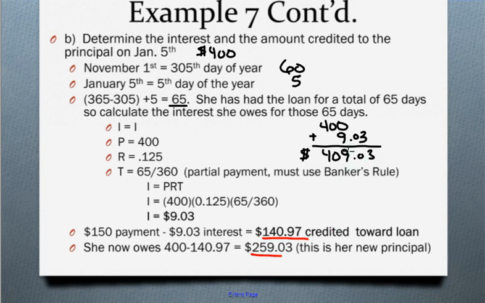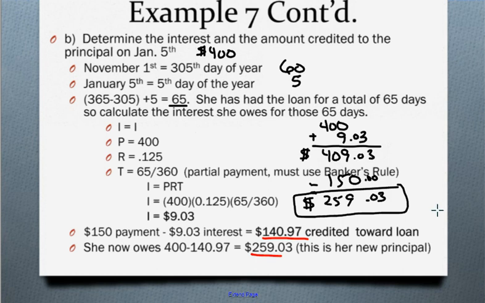If I paid you all this, I'm off scot-free. And they say, yes. And she goes, okay, well, I don't actually have that. What I do have is $150. And they'd say, okay, cool, thanks for that. And so we'll go ahead and subtract that off. We get $259.03. Kathy, when you walk out of the bank today, this is how much money you still owe us. And she says, okay, great, cool.